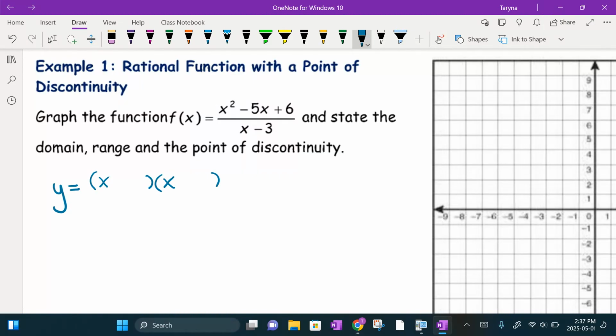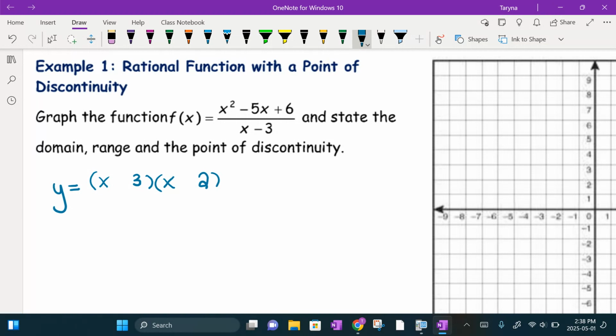Two things that are multiplied to give me x squared are x and x. Two things that multiply to give me 6 are... So 6 and 1 normally would work, but I need it to be a positive 6 when I multiply them. So if I use 6 and 1, it would have to be a negative 6 and a positive 1. So that's why I can't use 6 and 1, but I can use 3 and 2, because 3 times 2 is 6.